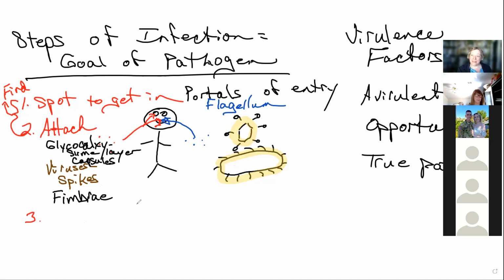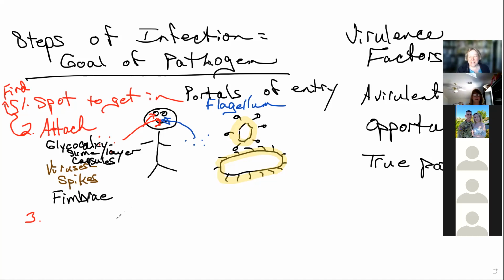All right, so what's the next thing after it attaches? There's a couple of things the pathogen has to do. And the book leaves one out. I don't think I'm going to test you on it, but I'm going to mention it.